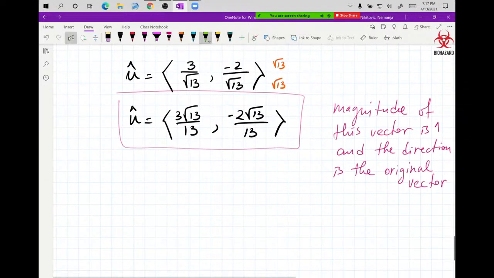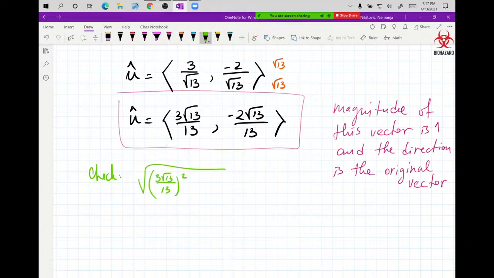Now you can check, obviously, by finding the magnitude of that vector, which is actually pretty simple. These squares are going to kill the roots, and it's just going to quickly work out. If you take a look at these and square them, you're going to have 9 times 13 over 13 squared plus 4 times 13 over 13 squared, and the square root of that.